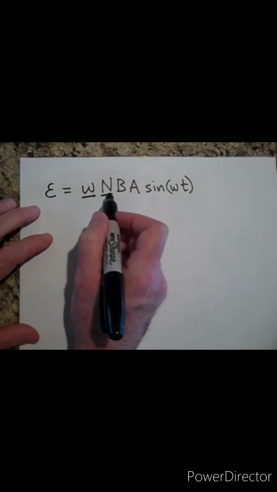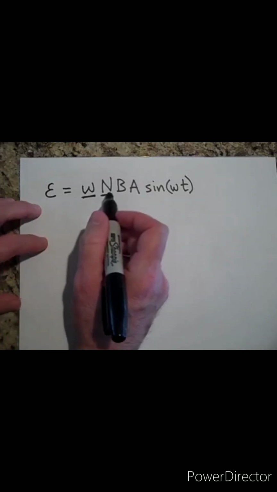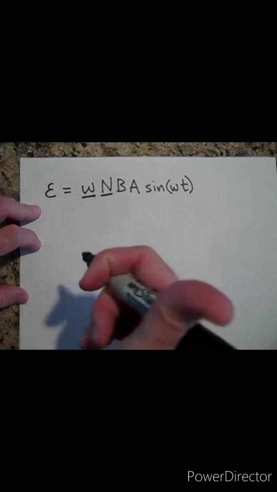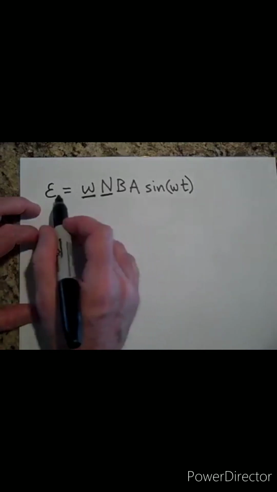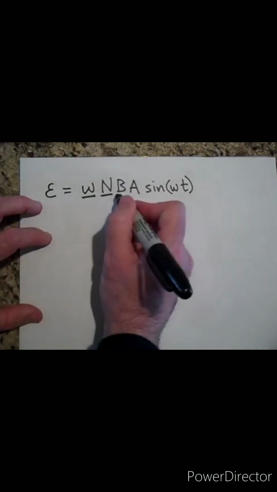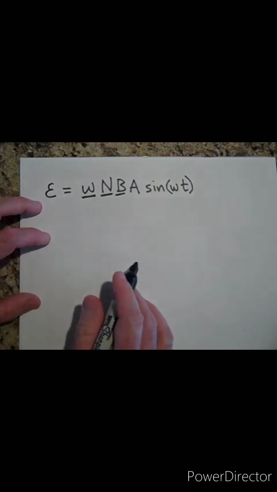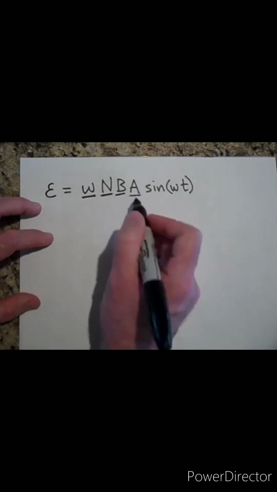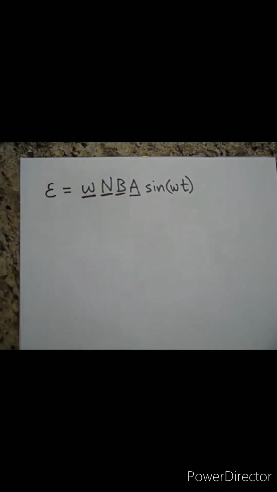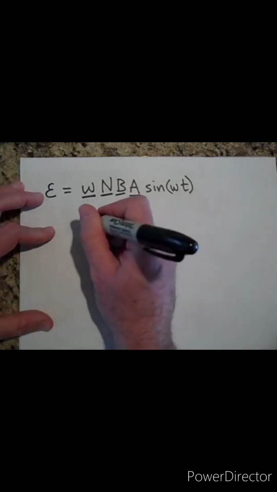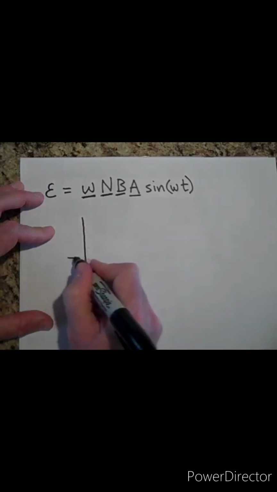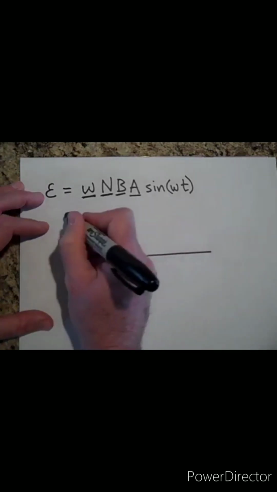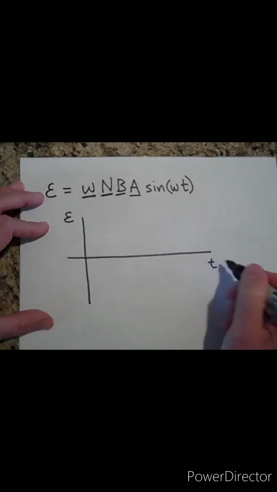Or I could add more turns, so I increase the turns from, say, one or two turns to 100 turns, which boosts the EMF as well. Or I could make the magnetic field that it was spinning in bigger, or I could make the actual area of the hoop bigger. Those are different ways I can change the EMF.